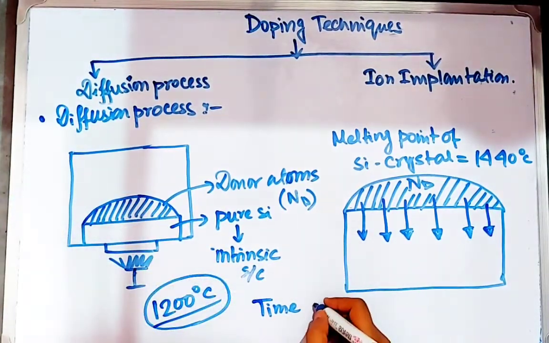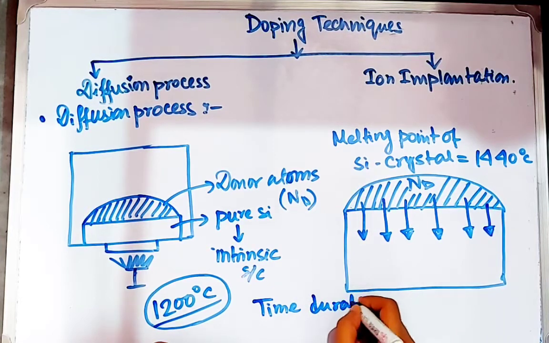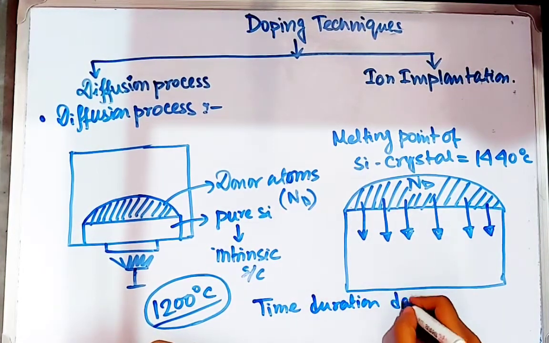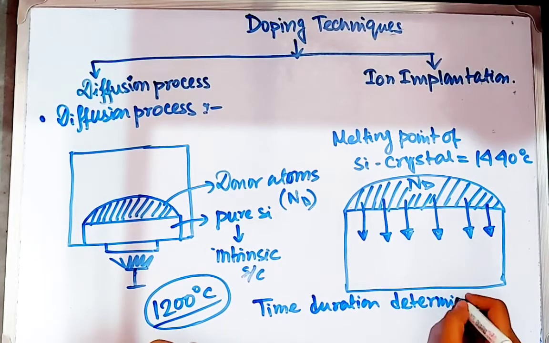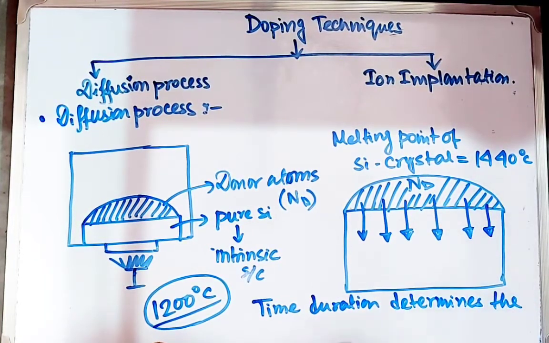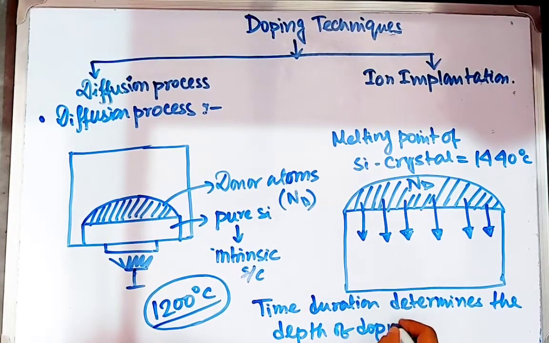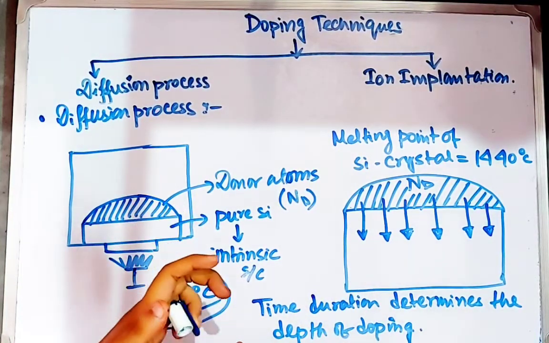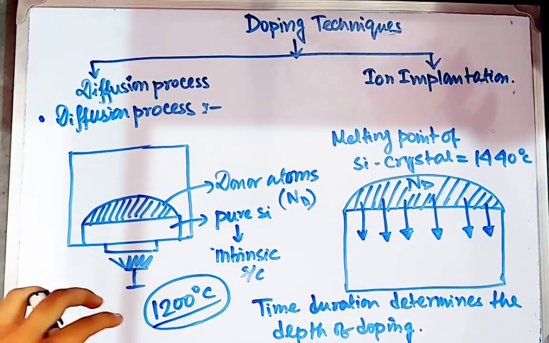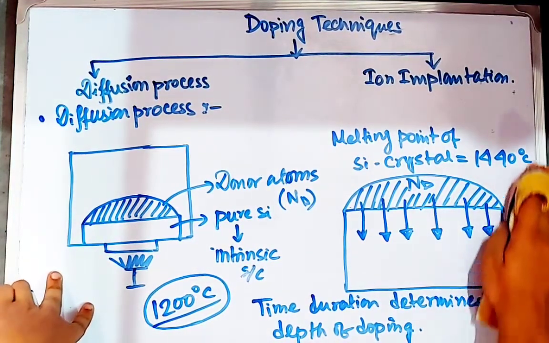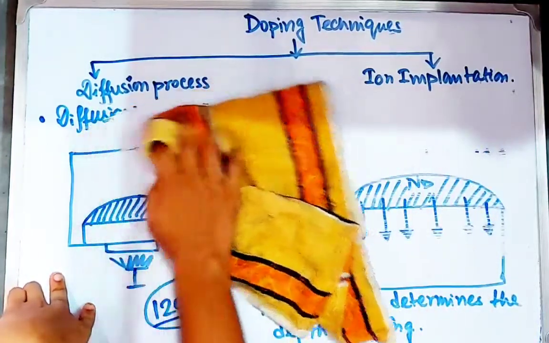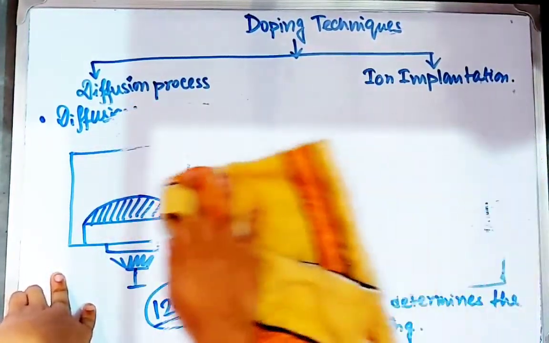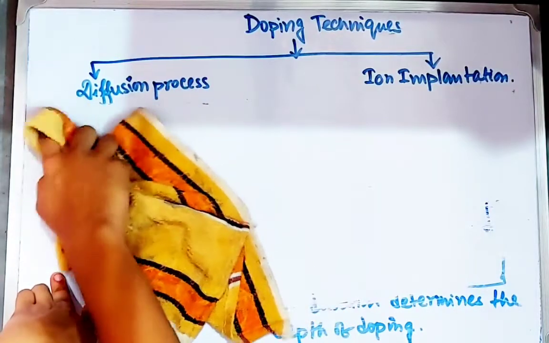That time duration actually determines the depth of doping. I think the diffusion process is clear up to this. Then I will start with the ion implantation process, which is actually the more accurate and more interesting process.